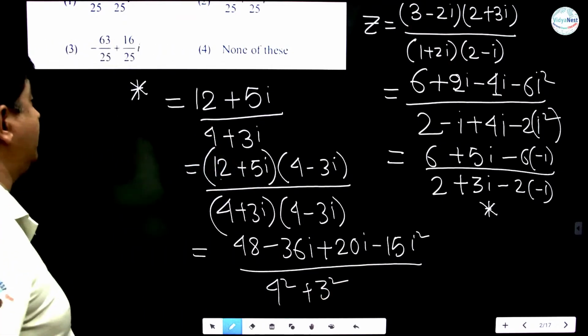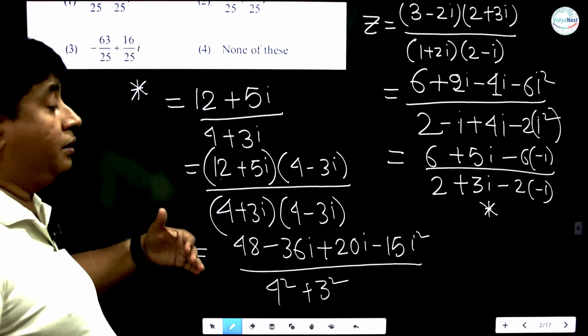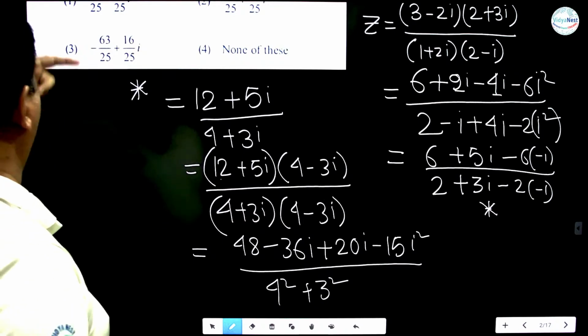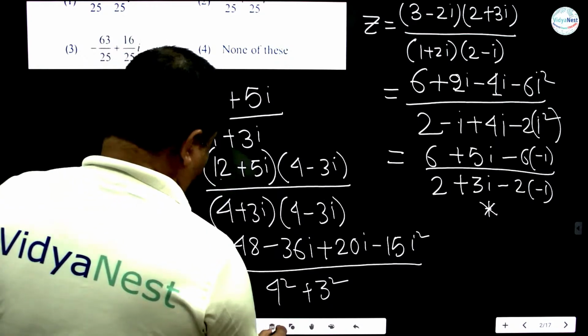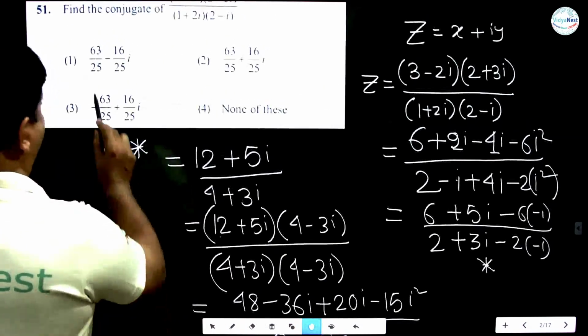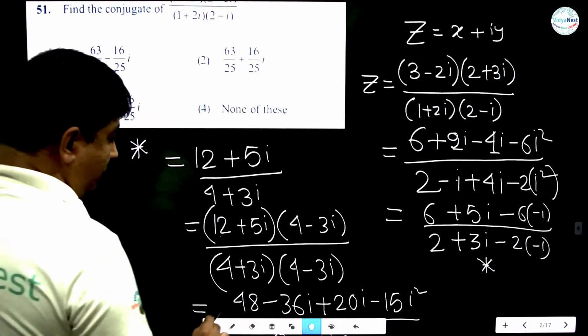So gradually we are tending to our required term, because in each case, if you observe, the denominator is 25.